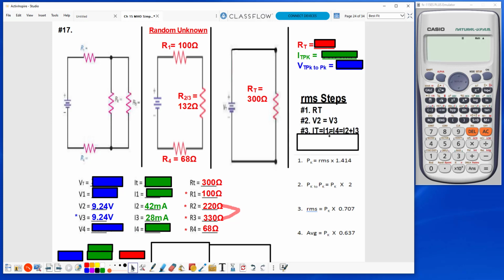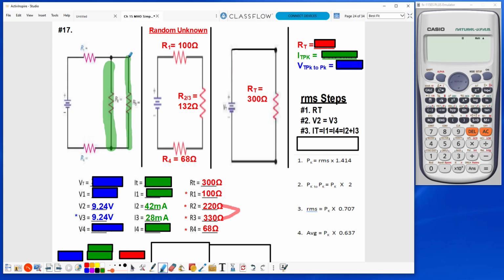So my next step was I solved for I2 and I3. Now, if I think about the way this circuit is made, through resistor number 2, I have 42 milliamps flowing right here, and through resistor number 3, I have 28 milliamps flowing.